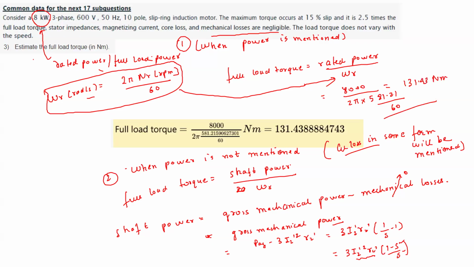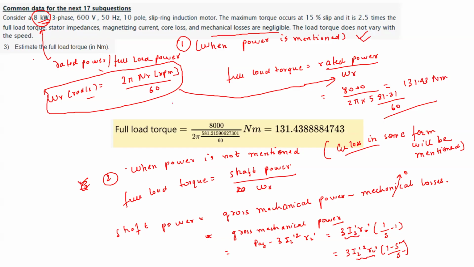Because they have mentioned the power, we will use this method. If they would not have mentioned the power, then we would have used the other method. But you will see that by mentioning this power, they will ask you to back calculate these things like copper loss. Because we know the relation between this shaft power and this copper loss using this ratio, in the upcoming questions they will ask you to solve for the copper loss if they have given you 8 kilowatt.